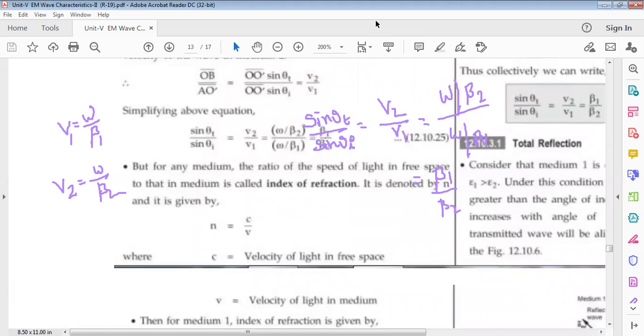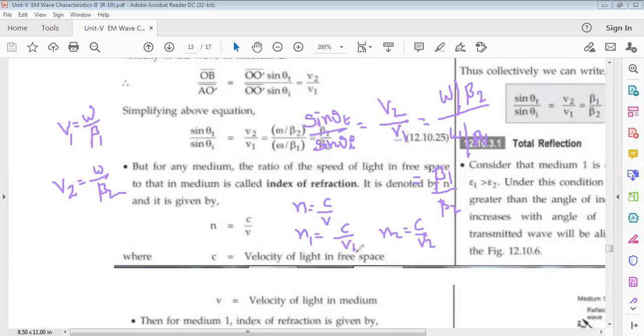Index of refraction n is equal to C by V. The velocity of light in free space is 3 × 10⁸. Now, if I consider medium 1, n1 is equal to C by V1. The velocity of light in free space is the same. If it is medium 2, n2 is equal to C by V2.